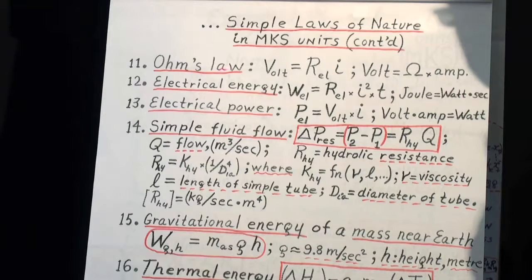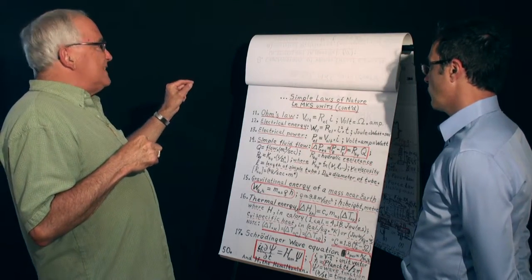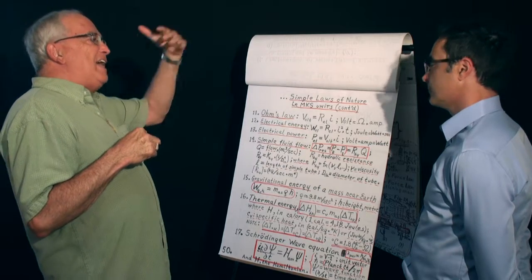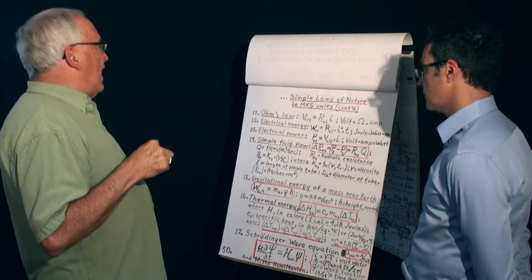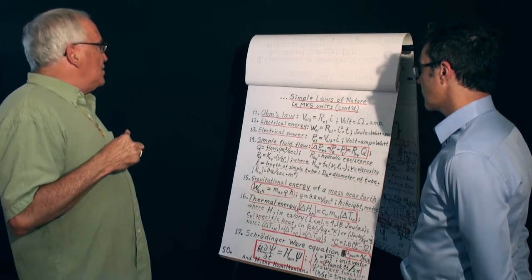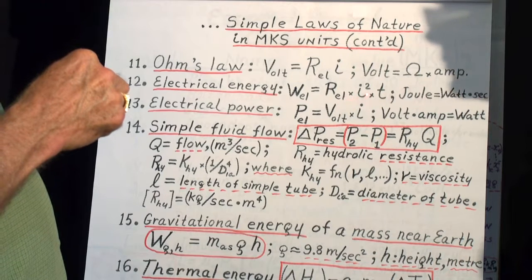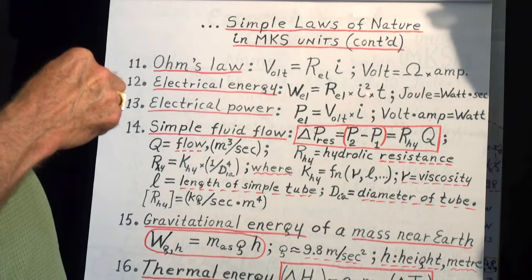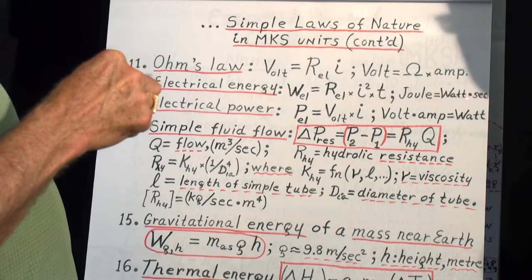We talk DC, but in AC we can talk about RMS, seeing the sine wave as an equivalent DC wave. That's what we call RMS, root mean square. So the electrical energy spent in a resistance is the resistance times the square of the current times the time, in watt seconds.